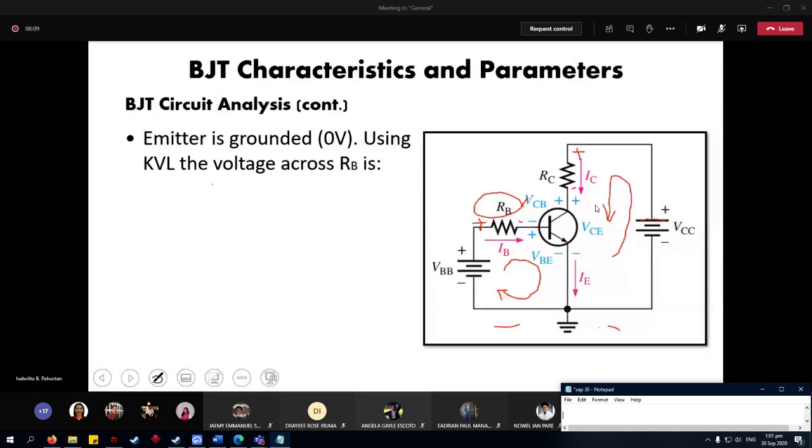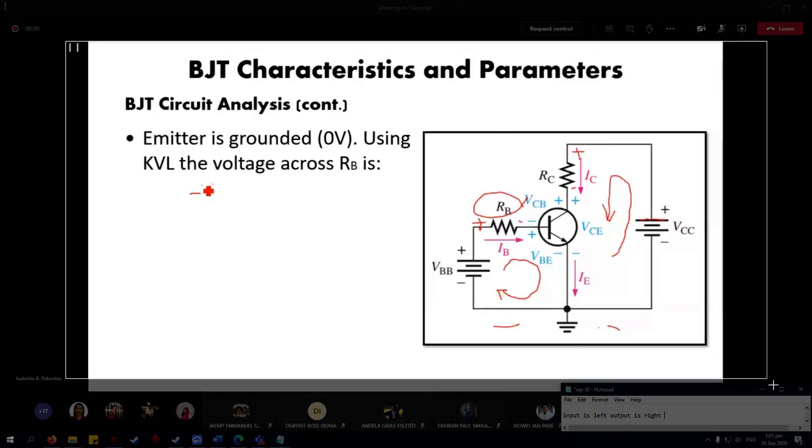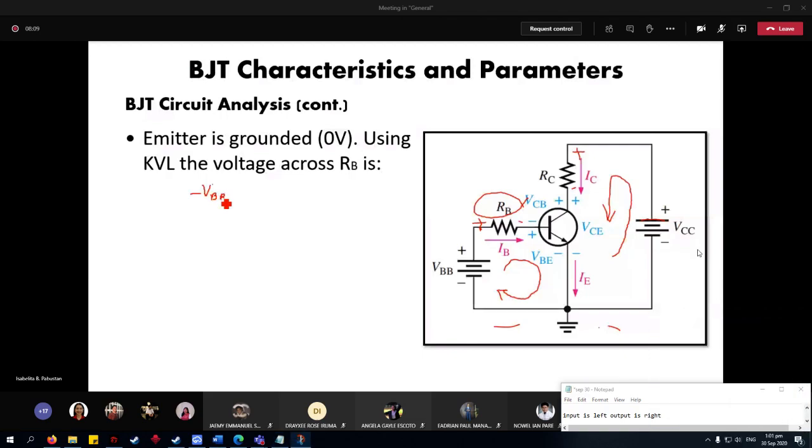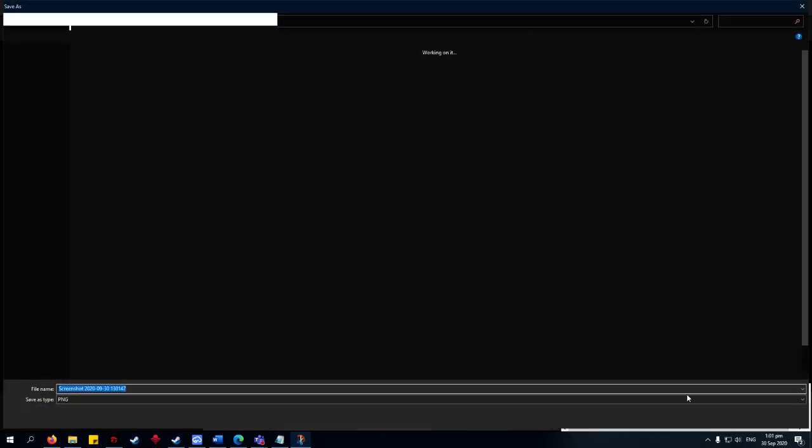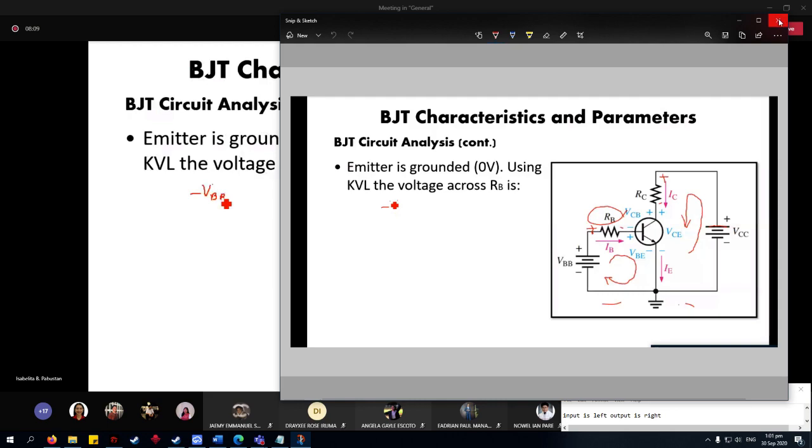Okay? So, writing the formula, the loop equation, ano? So, pumasok sa VBB. So, I will be writing it as negative VBB, no? Pumasok sa negative. So, be very flexible, ano? Kung ang ginamit ninyo ay polarity kung saan lumabas, parehas rin dapat tayo ng magiging resulta.